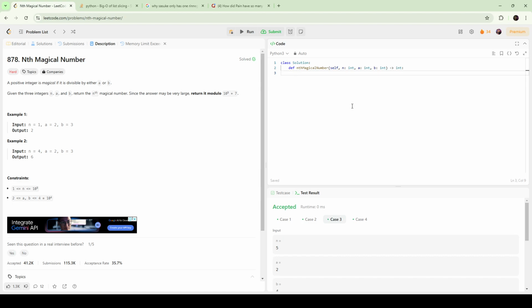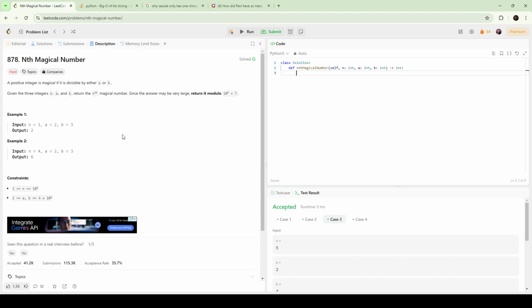And then after that, what are we going to do? We get the lower bound and the upper bound, and we're going to get the midpoint, right? For every midpoint, we need to find out how many numbers are below or equal to the midpoint from a and from b.